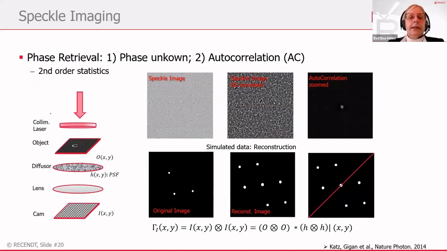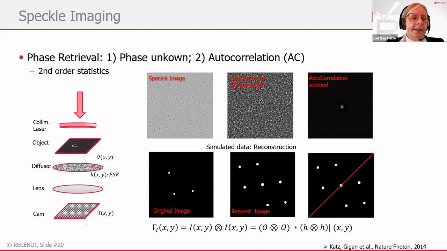Let me give you a theoretical scheme of how one could produce such speckled patterns. We have a coherent source, a collimated laser for instance, with relatively high temporal coherence. We have a defined object, and a diffuser, which can also be rotatable to get more redundant information.